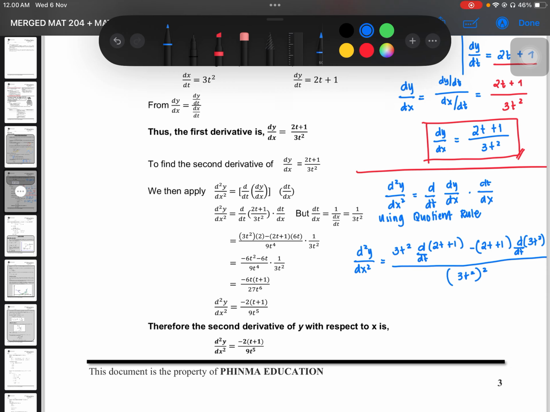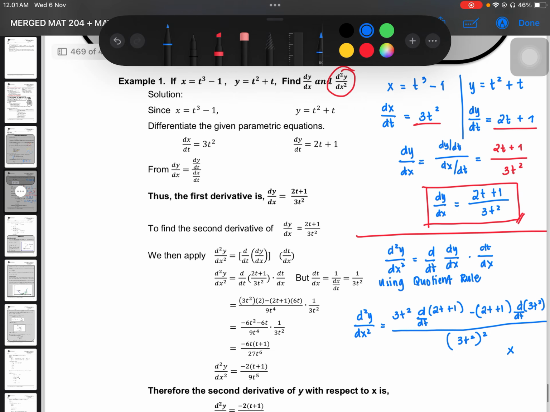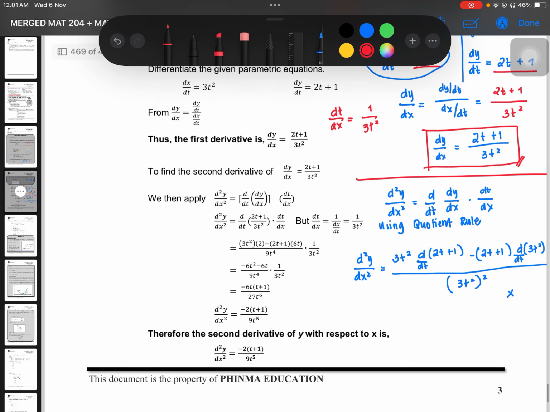Then, of course, sabi nga natin, we have to multiply it by the reciprocal. So, ang ating dx over dt is ito. So, ibig sabihin, kapag binaligtad, dt over dx will be 1 over 3t squared. Okay? So, multiplied by 1 over 3t squared.